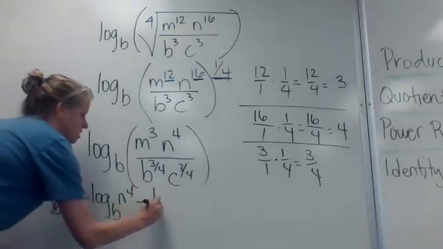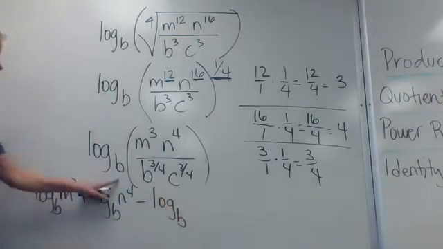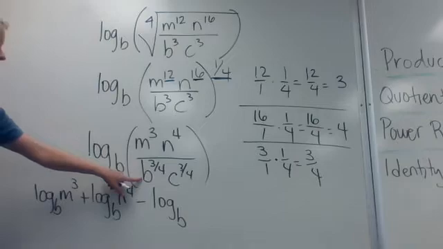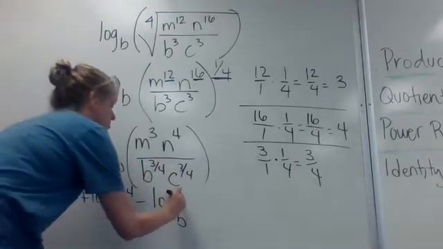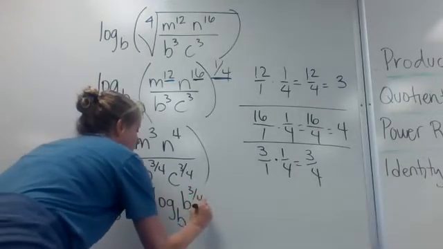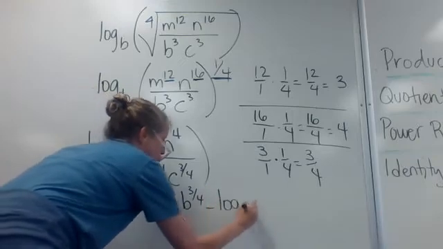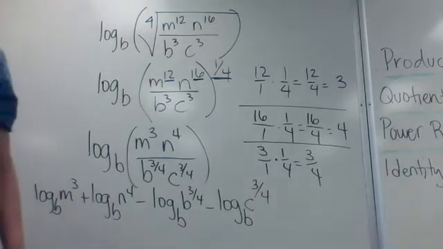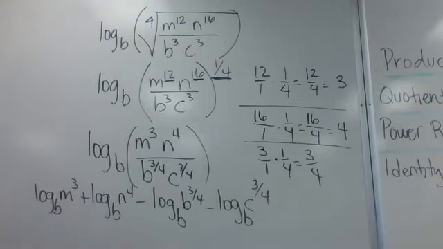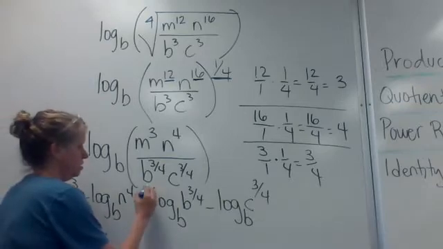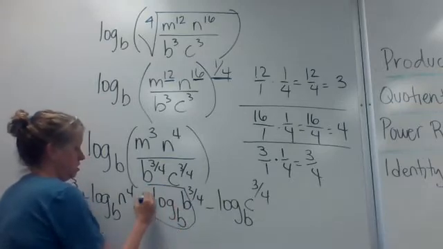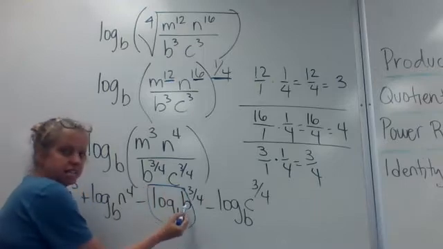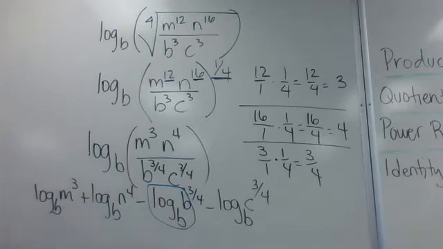I'm going to have minus log base b of b to the 3/4 minus log base b of c to the 3/4. So this right here should stick out because it's log base b of b. Let's think about that when we get there.